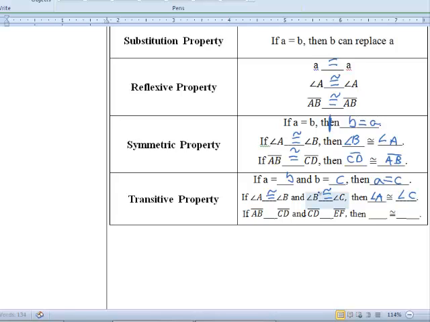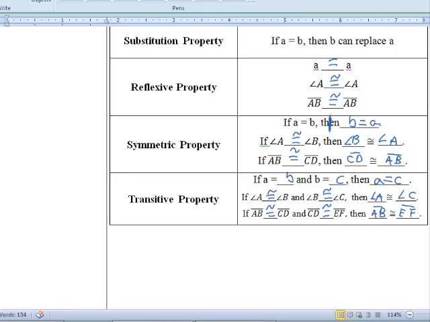And then with segments, if segment AB is congruent to segment CD, and segment CD is congruent to segment EF, then I could just make a jump and say that segment AB is congruent to segment EF.